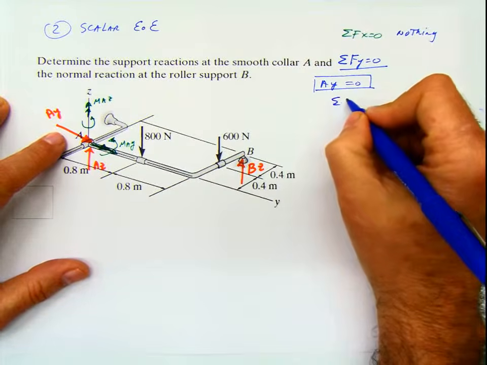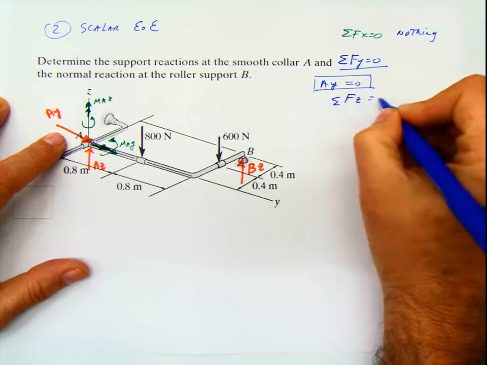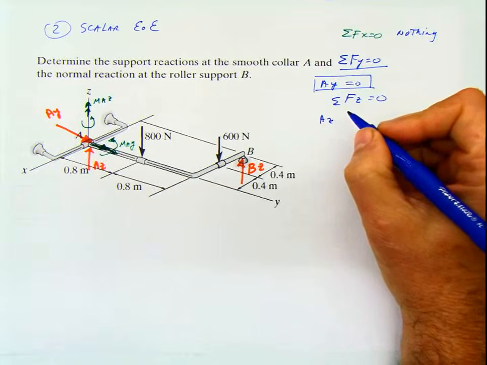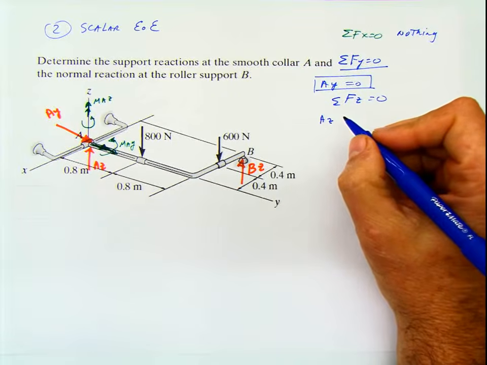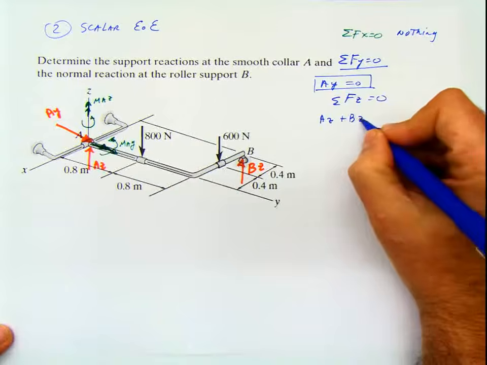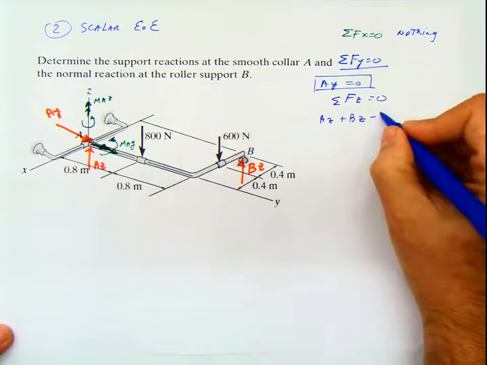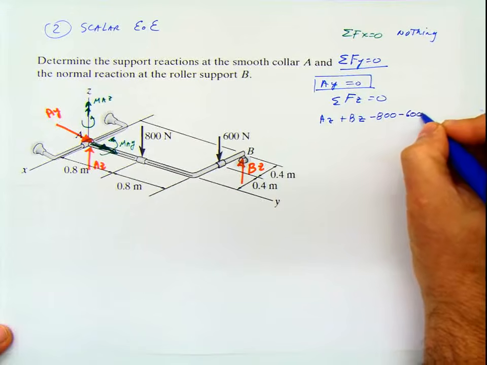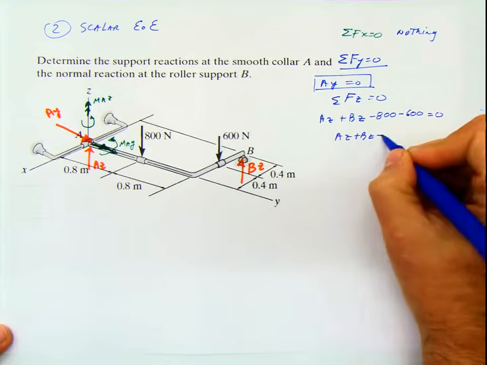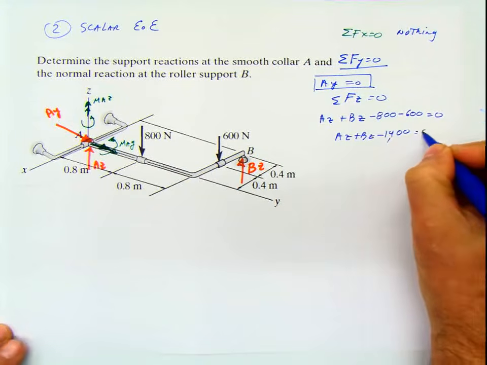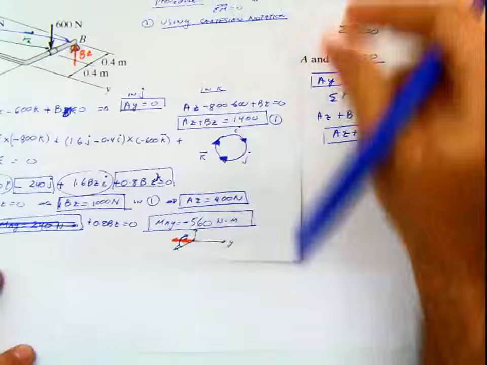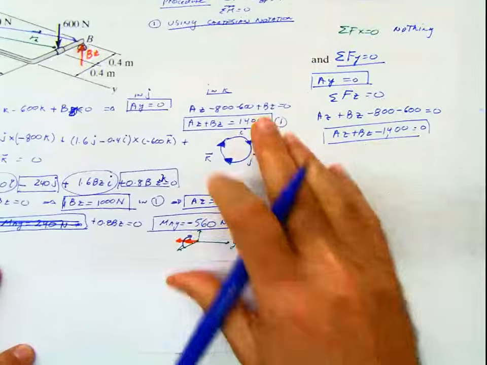And then summation of forces in Z has to be equal 0. So I have AZ there, and BZ minus 800 minus 600 equals 0, or I can say that AZ plus BZ minus 1400 equals 0, which looks pretty much like the equation that we got before here.